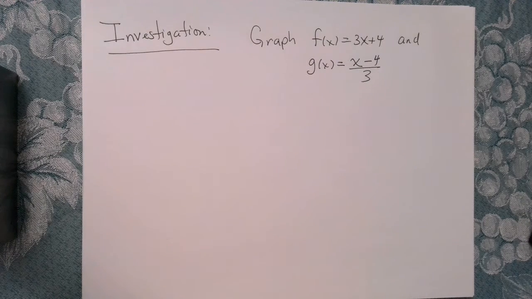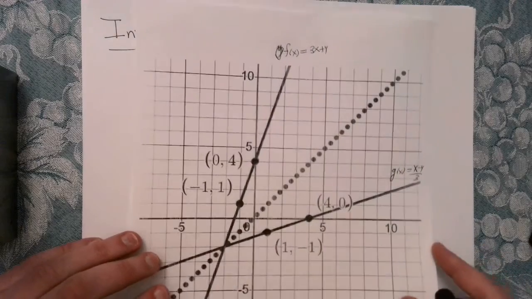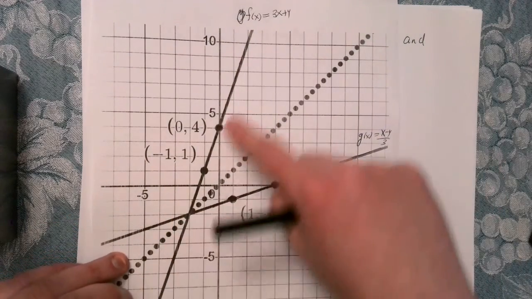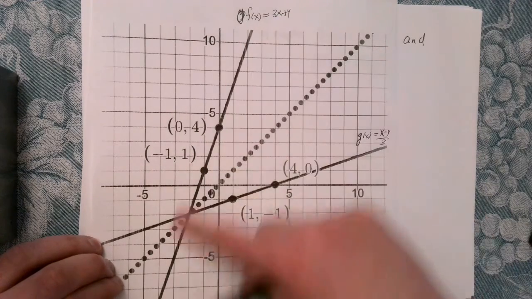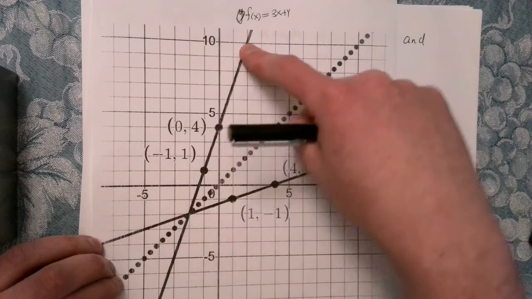Okay, so I'm going to save a little time. We know how to graph lines. If I were to graph both of these lines, I'd have the following. Right here, this is the graph of the line f of x equals 3x plus 4. It's got a slope of 3 and a y-intercept of 4. So that's f of x.